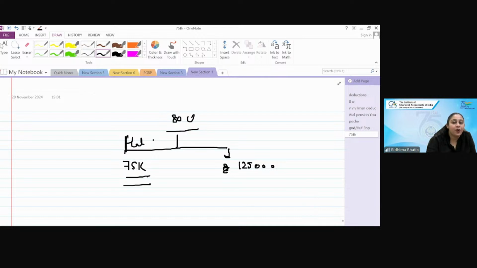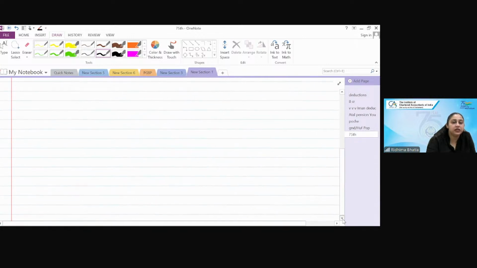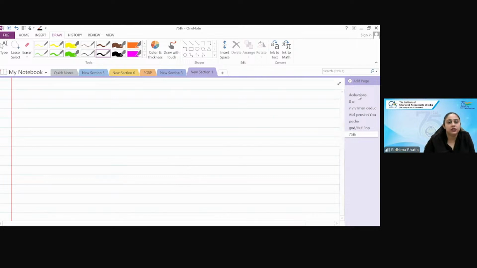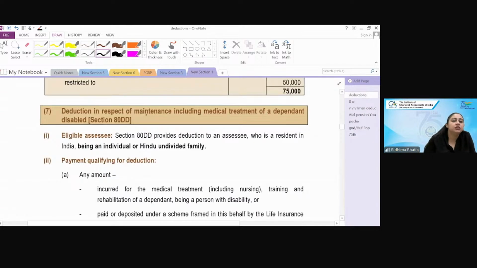Simple, done. But why I did this here is because the next section, which is in the line of 80D, is 80DD, which talks about deduction in respect of maintenance, including medical treatment, of a dependent disabled. The way to remember: DD is always dependent disabled. But this deduction is not for the dependent disabled.